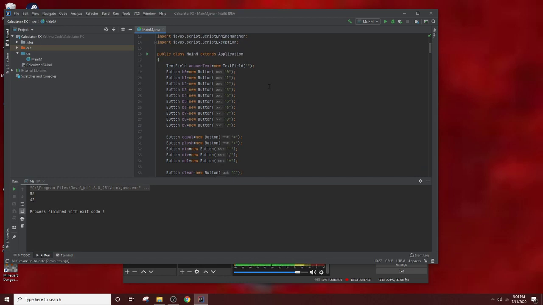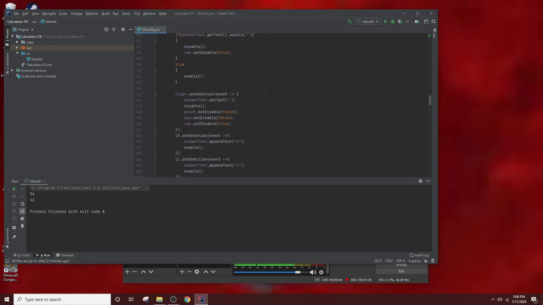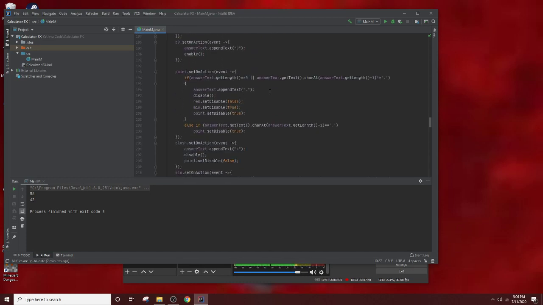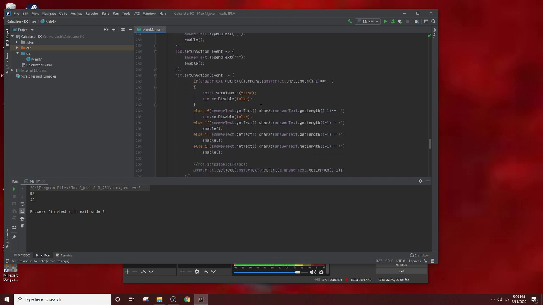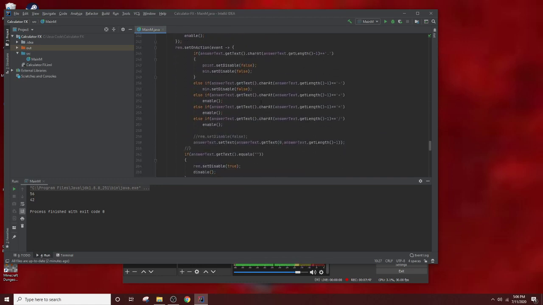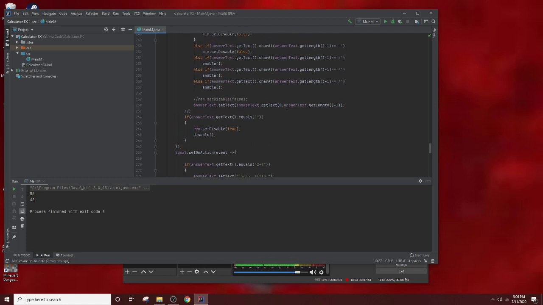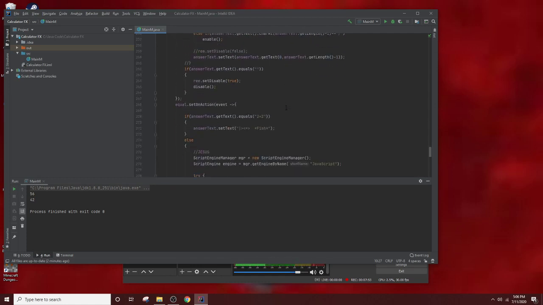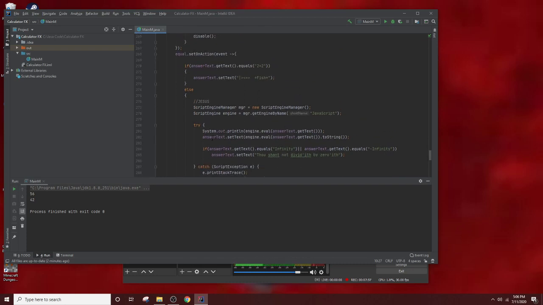But if you need a calculator that also needs a GUI, or a calculator that can solve something a bit more complex than just two numbers being added, divided, or multiplied, then this would be probably a bit helpful for you.